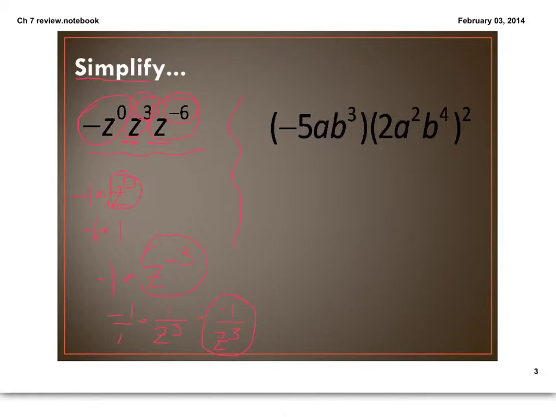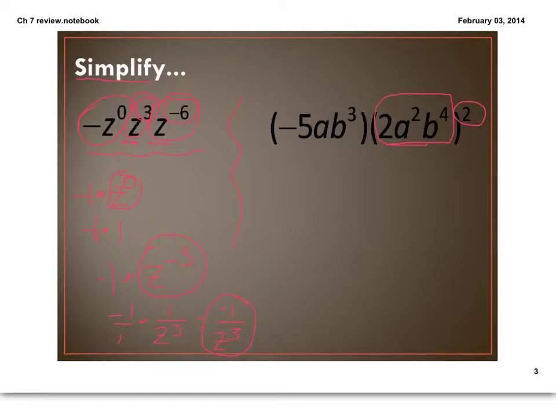In our second example, we have negative 5ab to the 3rd times 2a squared b to the 4th, and then all that raised to the 2nd power. So again, we can take a look at how many 2a squared b to the 4th do I have? How many of these do we have? We have 2.